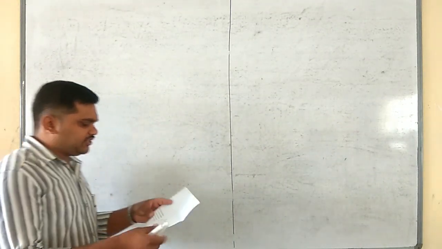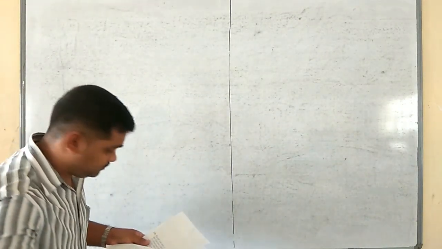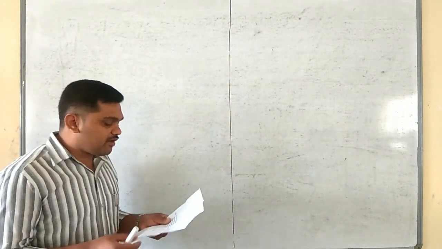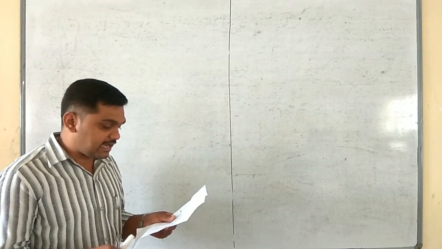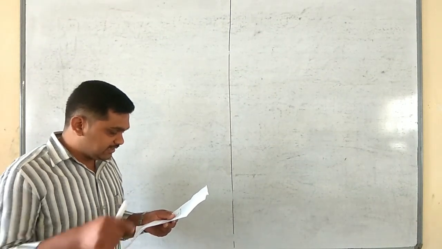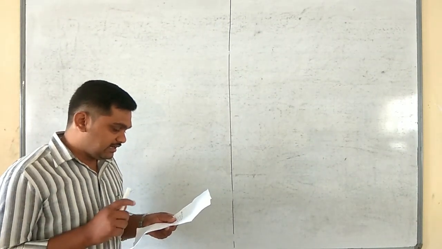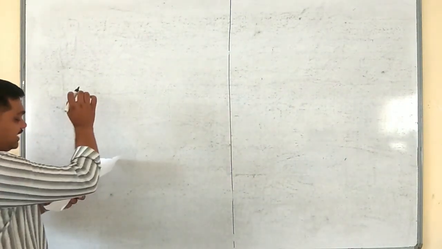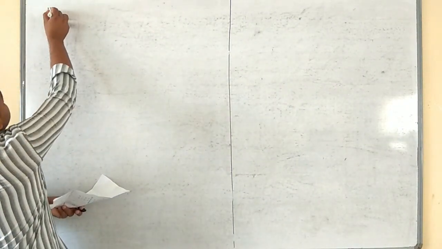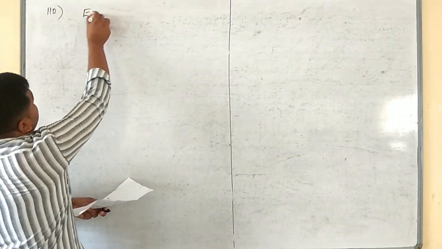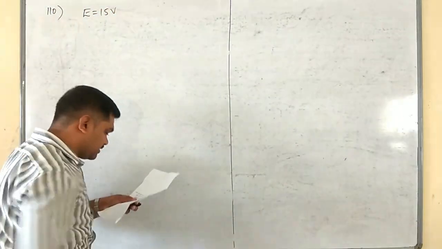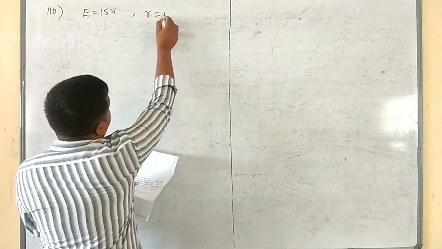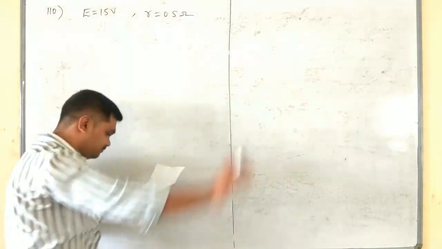Okay, question number 110. It says the EMF of a battery is capital E in the circuit shown in the figure. The EMF is given as 15 volt and the internal resistance is 0.5 ohm.